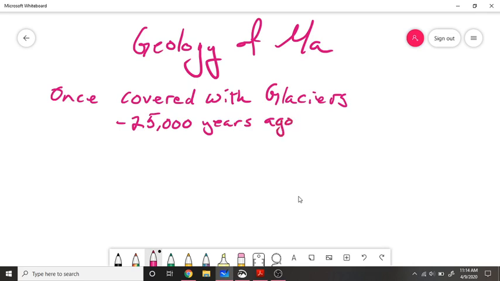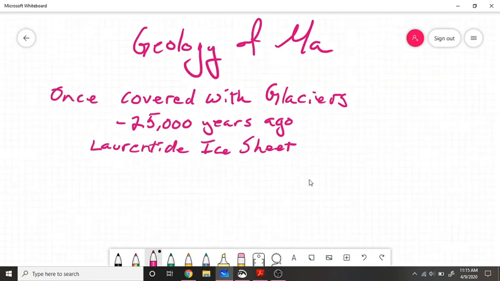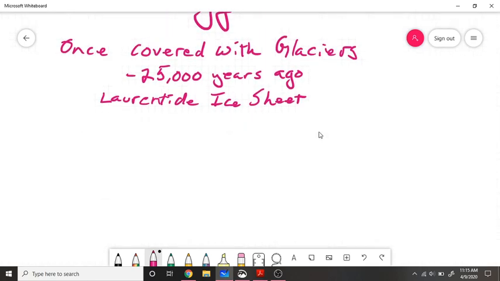During the last ice age, a sheet of ice that stretched from way up in northern Canada all the way down past New England. It was called the Laurentide Ice Sheet. And it basically carved up New England and Massachusetts in particular.